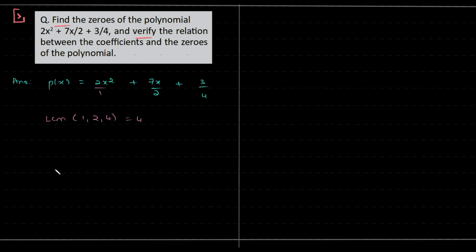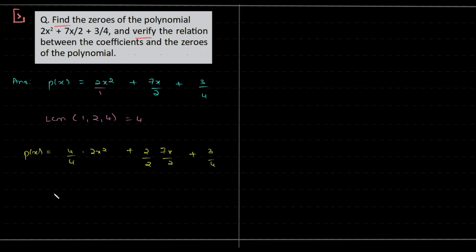So all I'll do is p of x is equal to 4 by 4 into 2x square plus 4 by 4 into 7x by 2 plus 3 by 4, because the LCM is already, actually I can go with 2. That will make more sense. Right? Now a bit of simplification.